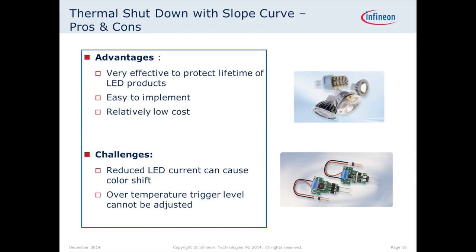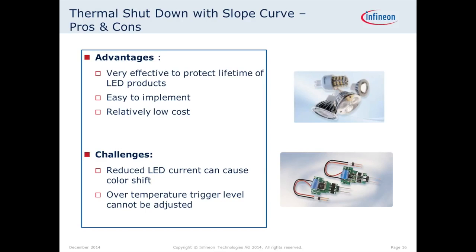There are two challenges identified. Basically, the reduced LED current can cause color shift because we are dimming in an analog way. And some LEDs are getting better towards color shift with analog dimming, but there can still be some color shift. Second point is that the over temperature protection here in this intermediate thermal protection cannot be adjusted.